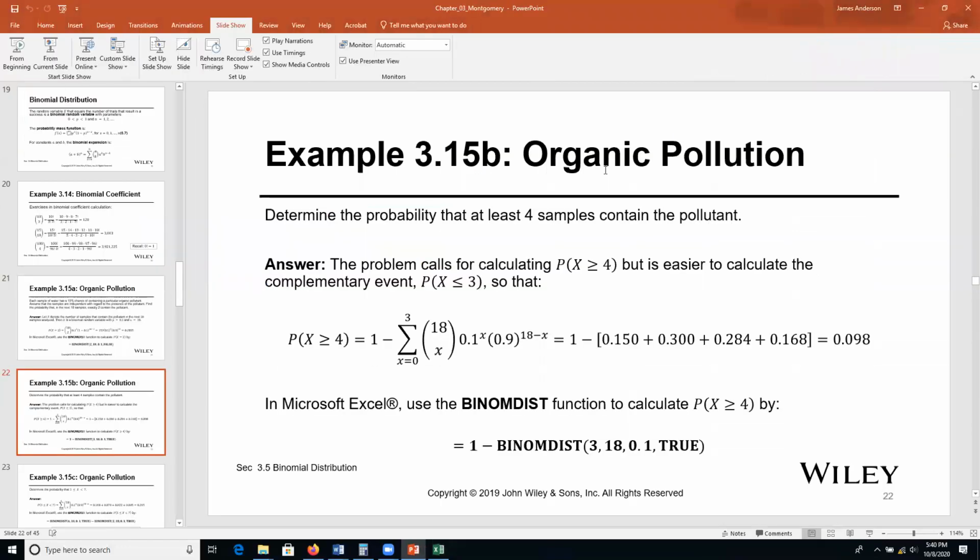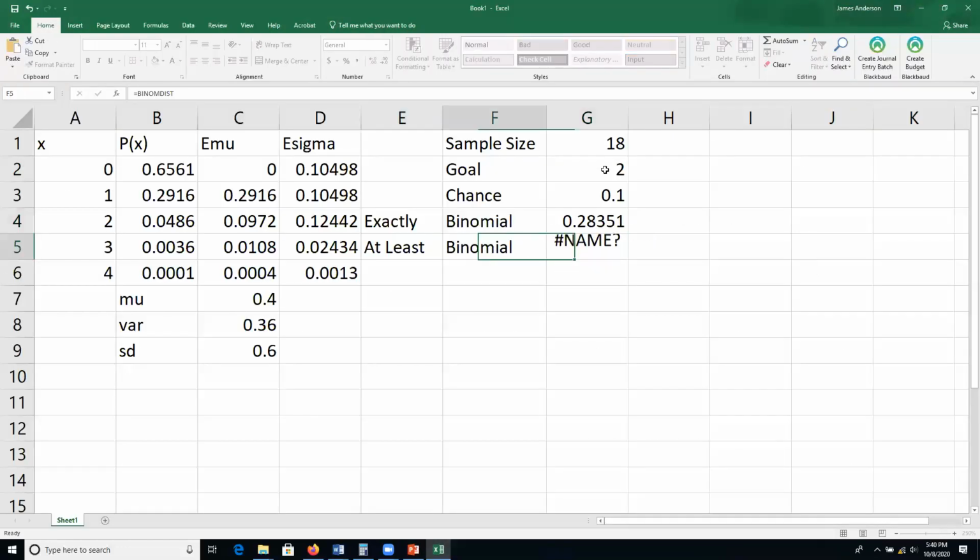Once again, it's 1 minus, sorry, equals binom.dist. So we have the number of successes, 18, and the chance, and we're looking at true. If we need exactly 3 or less, we just change it to 3, because we don't care if there are 4 or more.